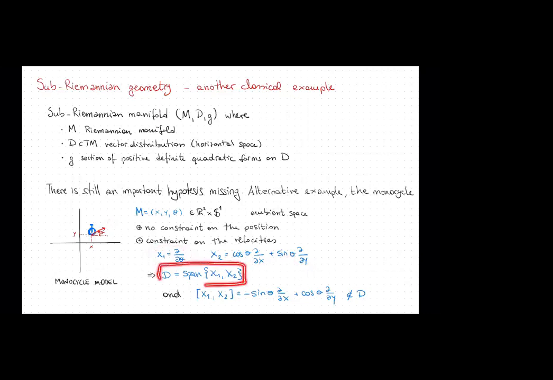And if you look at the span of those 2 linearly independent vector fields, that's your distribution. The nice thing about this model is that since their commutator, again, is not in the distribution, it's the orthogonal motion, it's minus sin theta, cos theta. It's the orthogonal vector to that motion. It means that you can actually achieve any direction in the end.